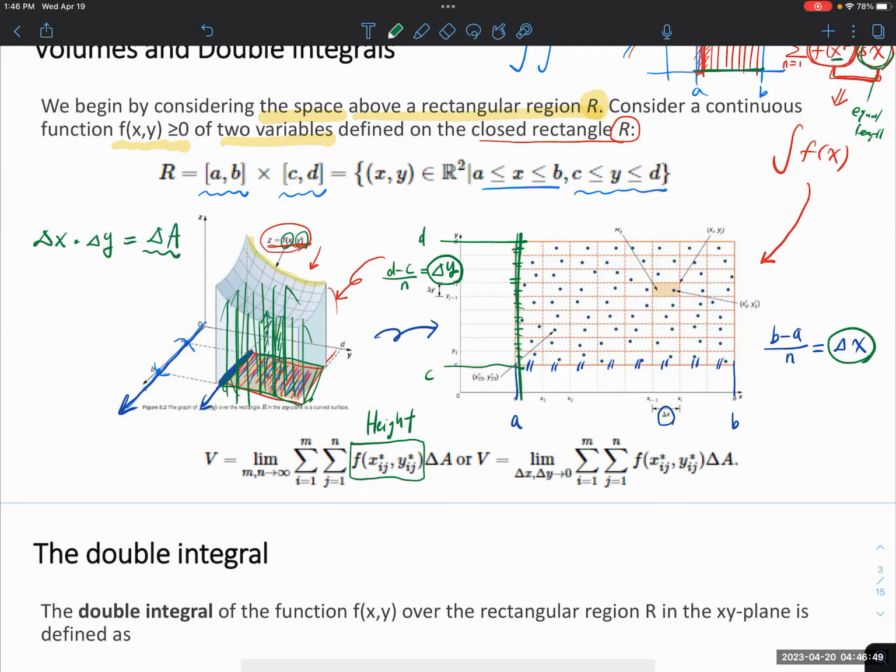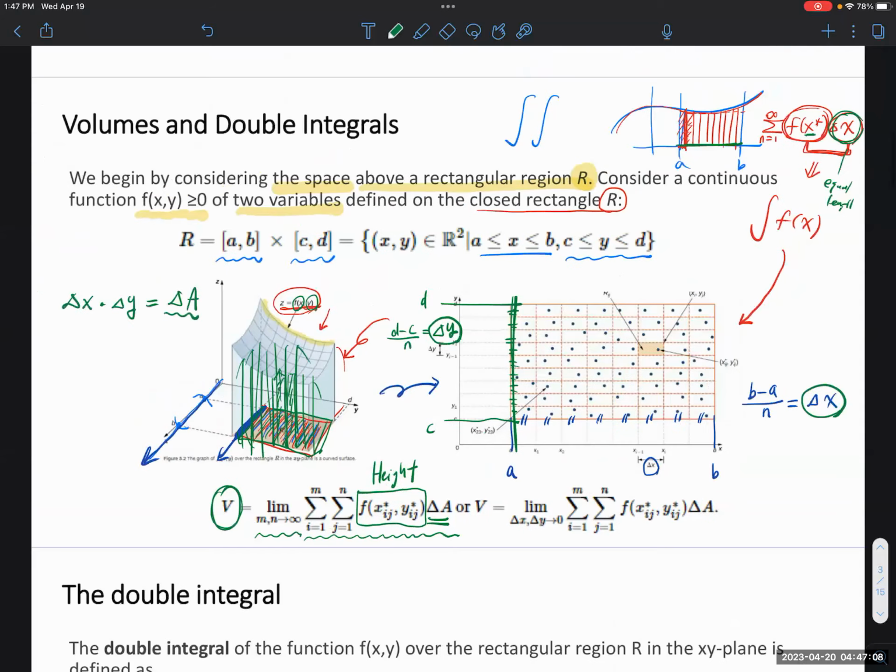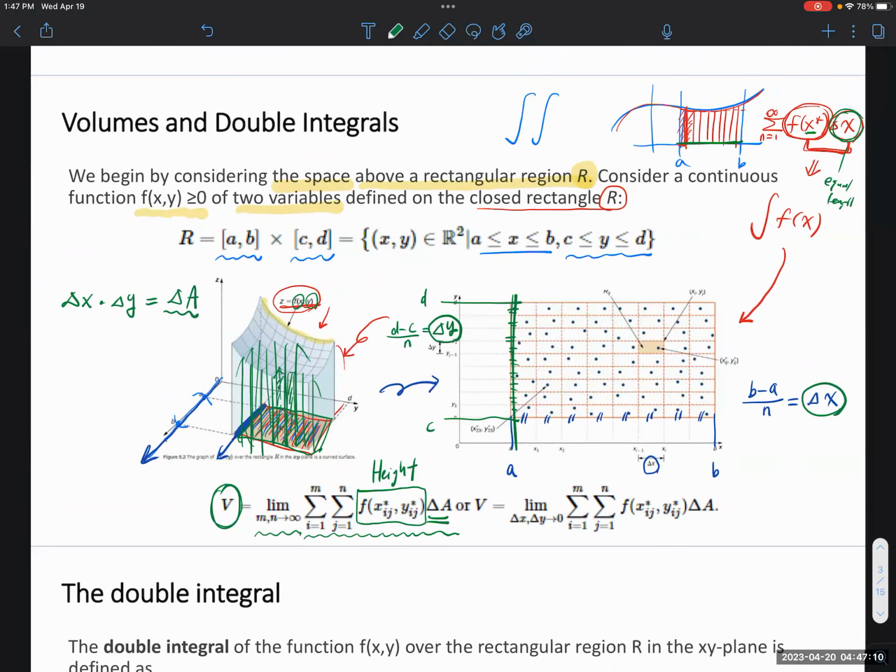So if you multiply the region times the height, and then you add all the summation of the infinite number of rectangulars here, and then take the limit, we can find the volume. So that's how this formula came from. Nothing is special. We're literally using the Calculus 2 concept, okay?